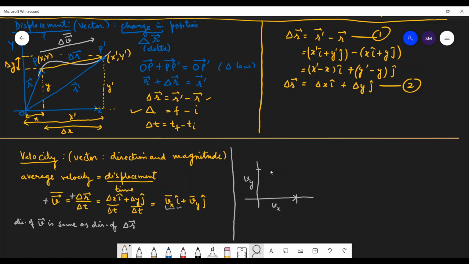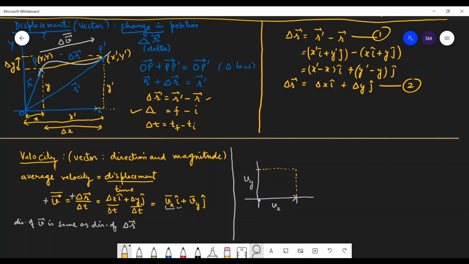So I will complete this parallelogram. This distance is also Vy, and this distance is Vx. So this is Vx and this is Vy.